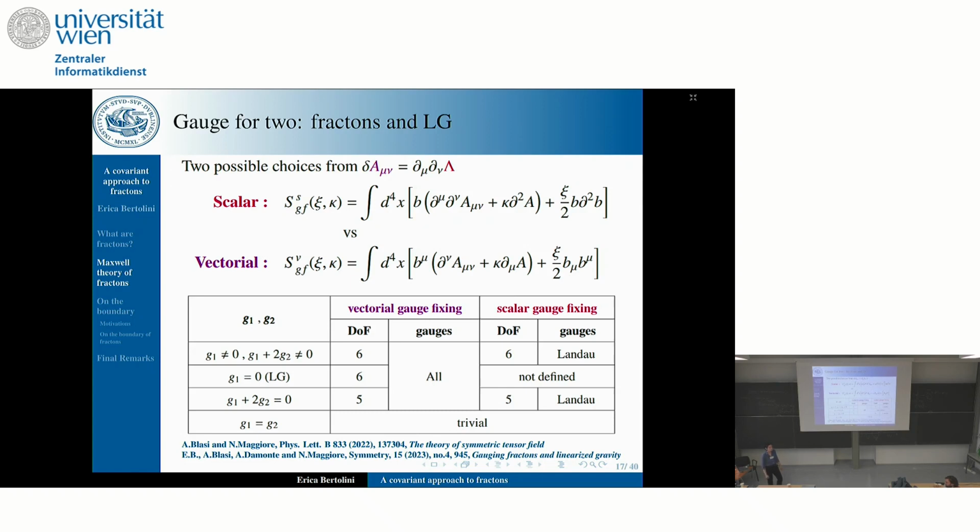Yeah, that is weird. It's not, indeed. We don't have a different number of degrees of freedom. I mean, we have 6 in both cases. Well, this is 5 because the theory is traceless. With this combination, the theory is traceless. So that's why the 5.